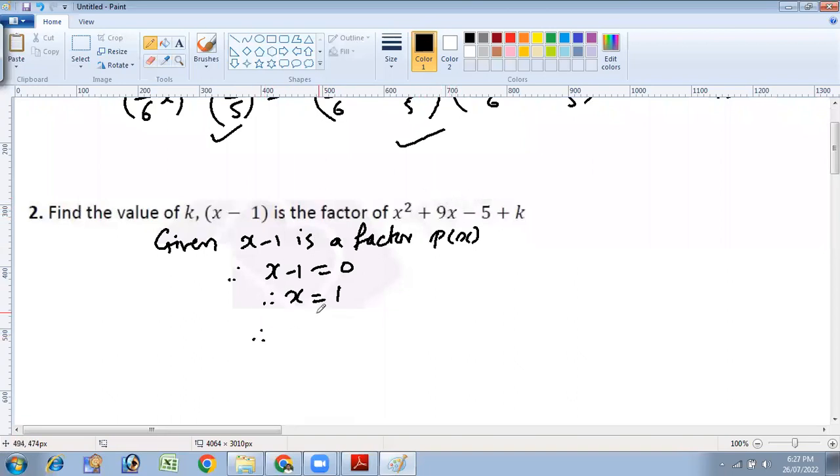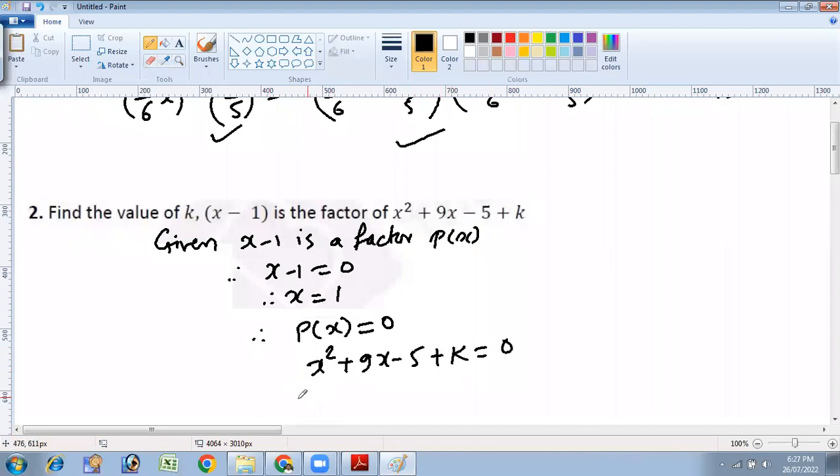Therefore, the polynomial p of x is equal to 0, suppose. Or simply we can put the value x is equal to 1. Look, what is the polynomial? x square plus 9x minus 5 plus k is equal to 0.